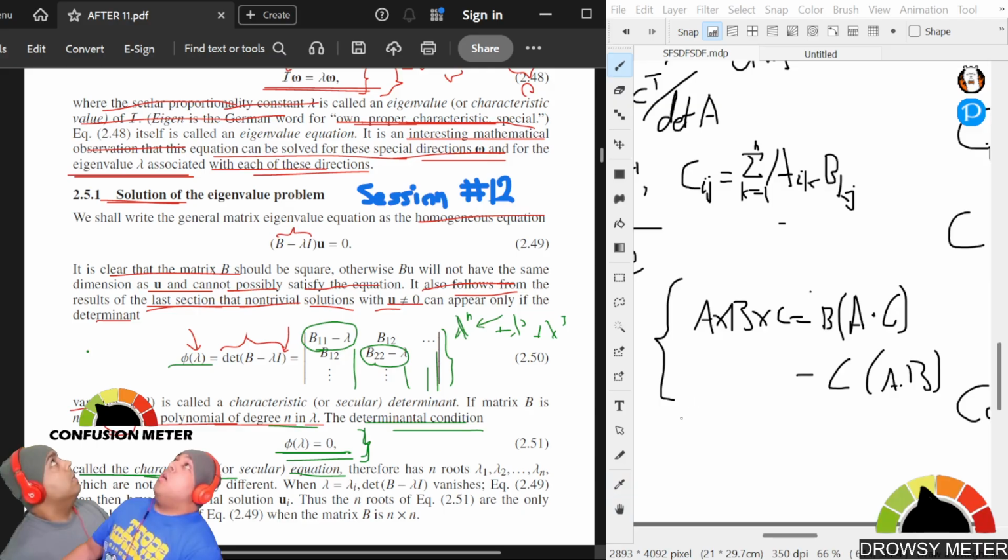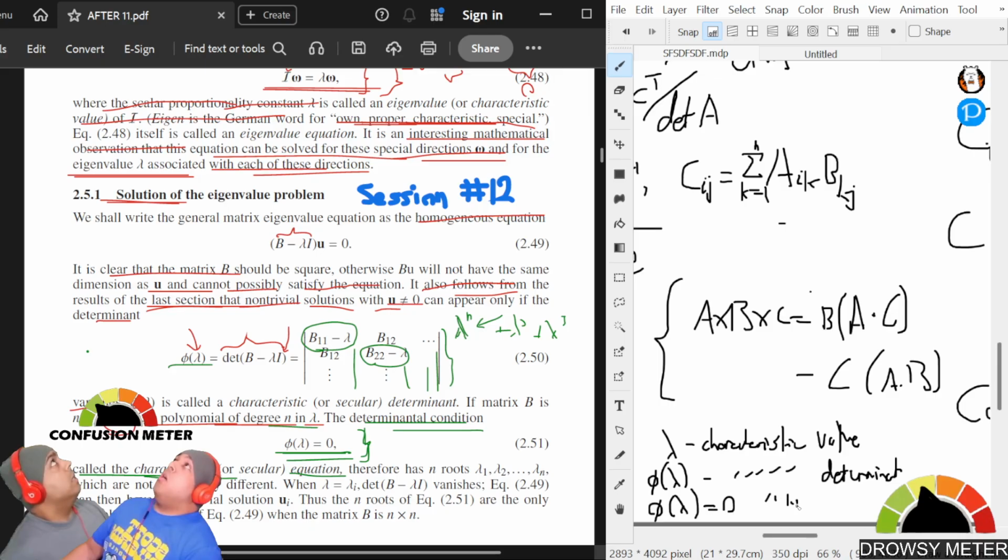Let me write this on the side. Lambda: characteristic value. Phi of lambda: characteristic determinant. Making phi of lambda equal 0 is the characteristic equation.